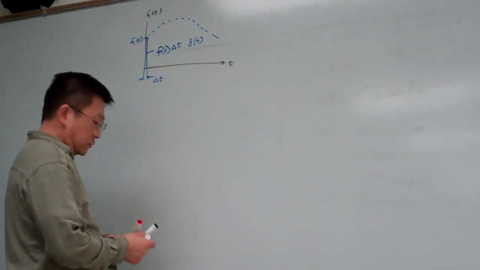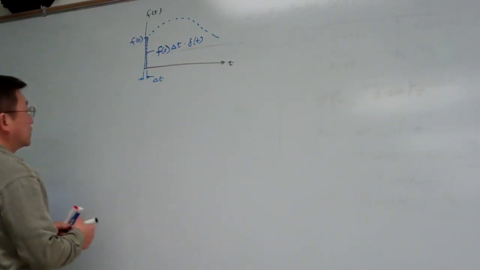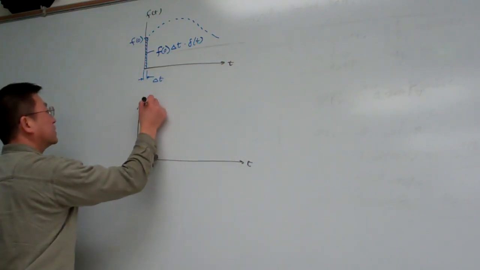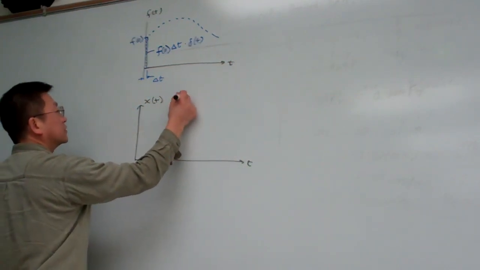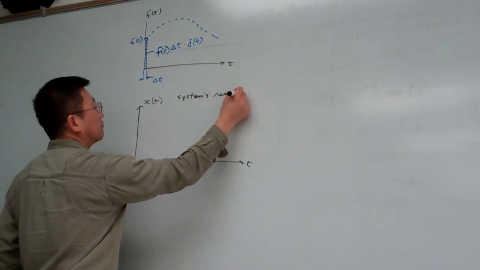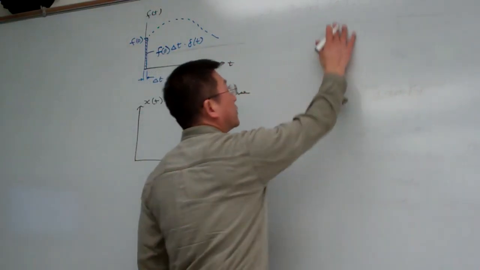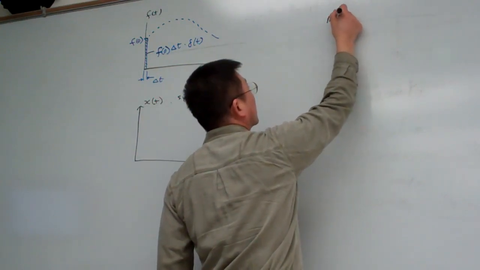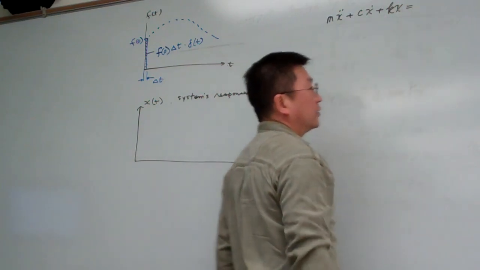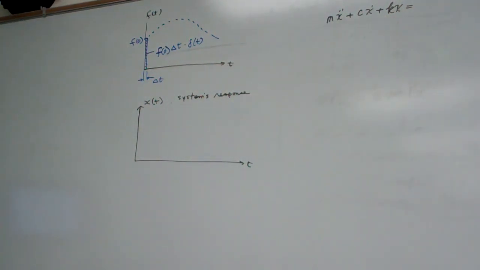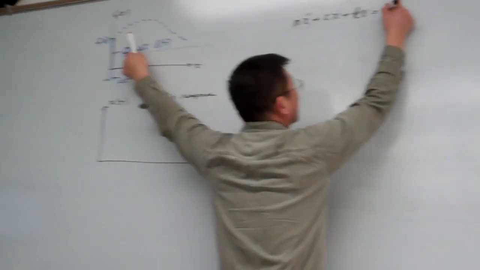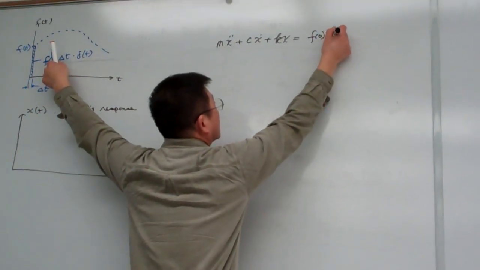So for the system, right now we want to get the result, the system response. The system response is coming from here: m x double dot plus c x dot plus k x. Compared to our generic calculations, the force now is totally equal to F0 delta t.